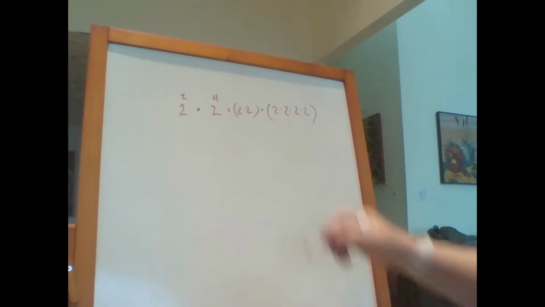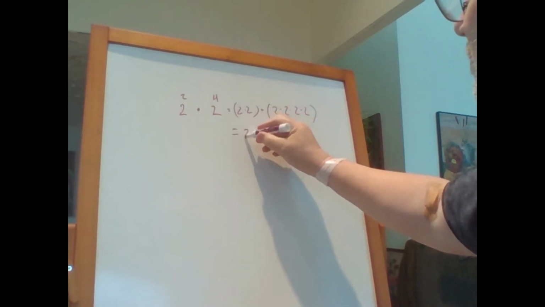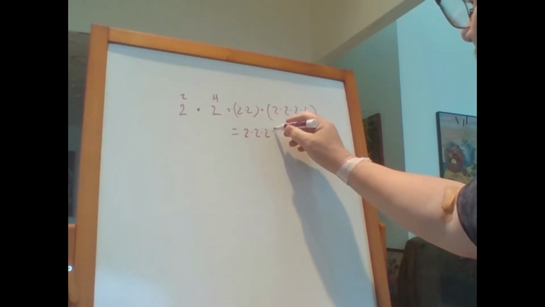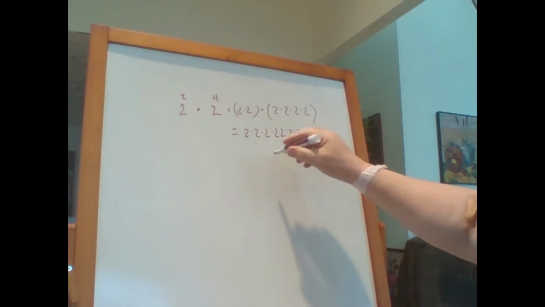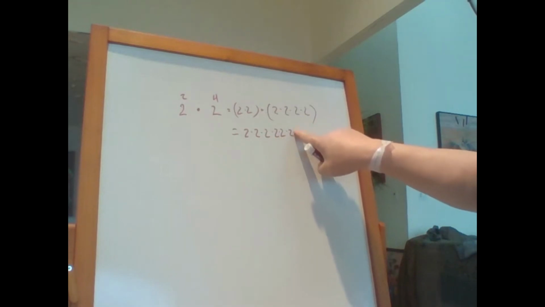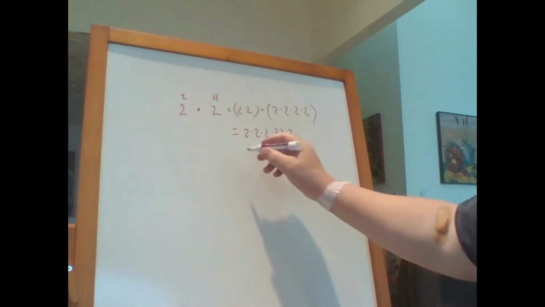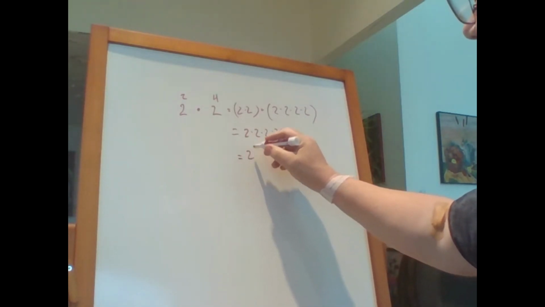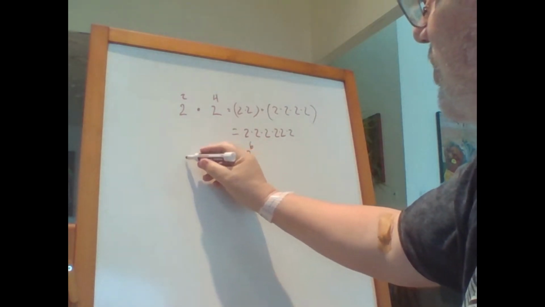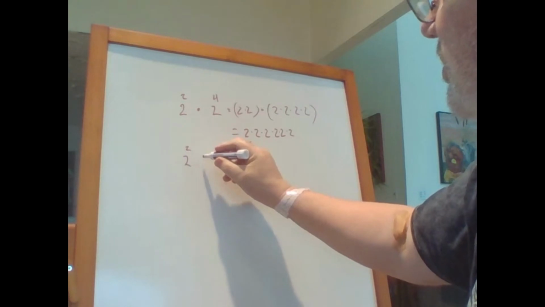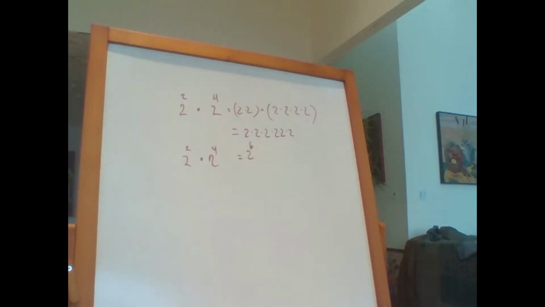Well, how many 2's do we have? We have 6 2's. That's 2 times 2 times 2 times 2 times 2 times 2. Let's see, 1, 2, 3, 4, 5. One too many 2's. Okay, so we can say that is 2 to the 6, because we have 6 2's. So we have 2 squared times 2 to the 4th equals 2 to the 6.